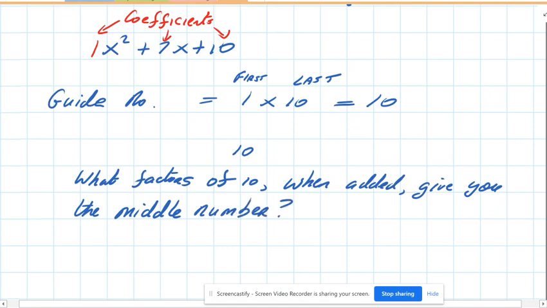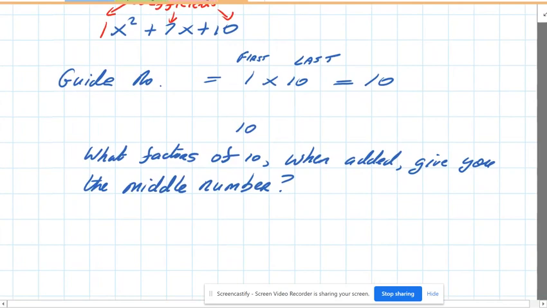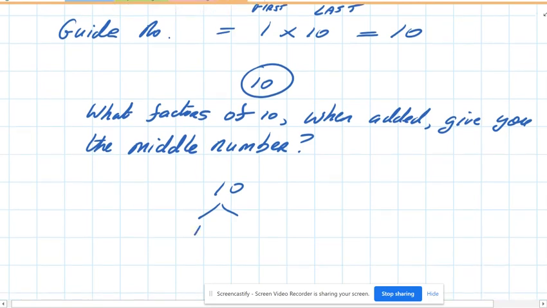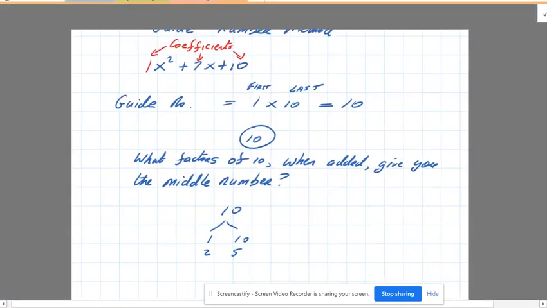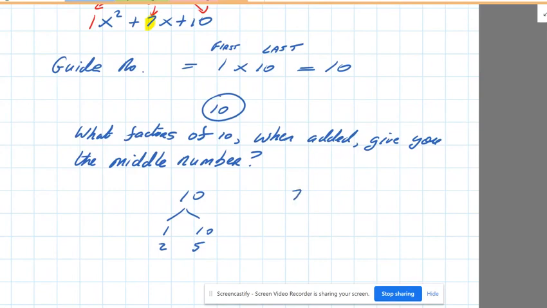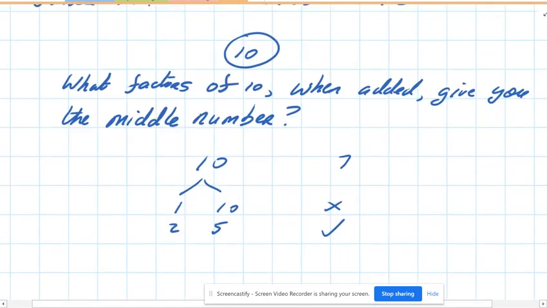And you can use some trial and error here. This one's an easy one I picked to start, so there's not that many options anyway. So you take the 10, and you try and think of factors of 10. Well, there's 1 by 10, and there's 2 by 5. We need the middle number, which is 7. We need to end up with 7 somehow, plus 7. And we don't there, but we do here because 2 and 5 is 7. So they're the right ones.